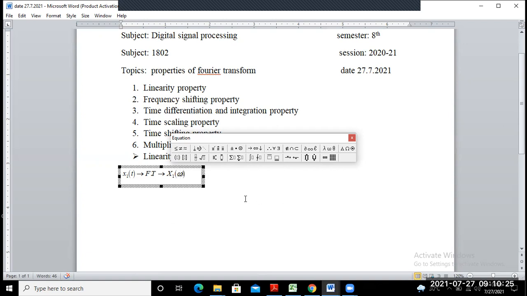We already saw in the previous class how we can represent the Fourier transform of any given signal in time domain, that is x(t): X(omega) equal to the integration from minus infinity to infinity of x(t) e to the power minus j omega t dt. So that Fourier transform is represented here as X1 for x1(t).